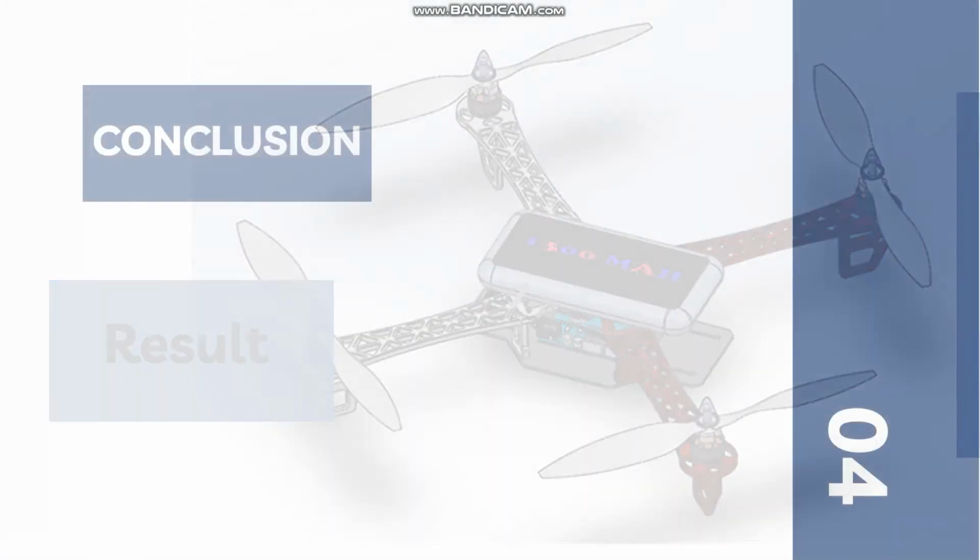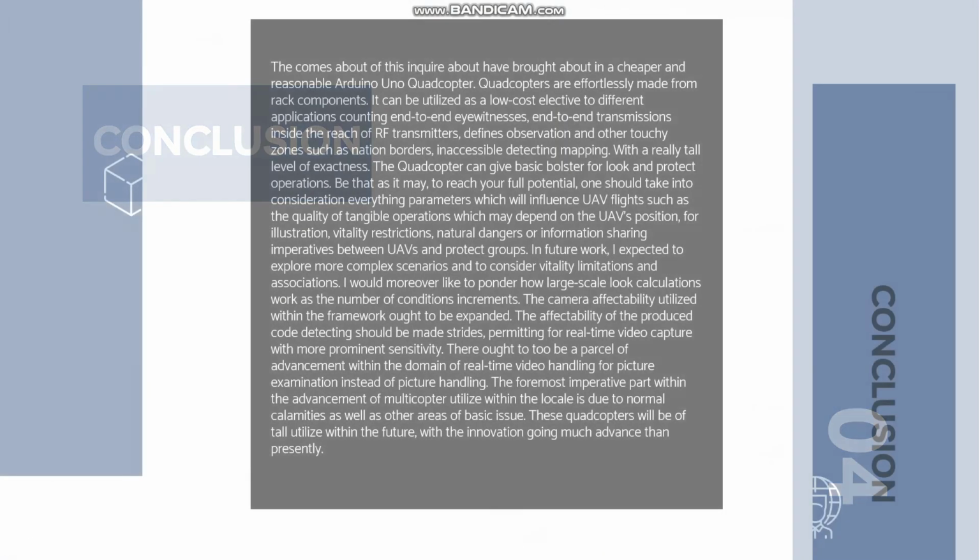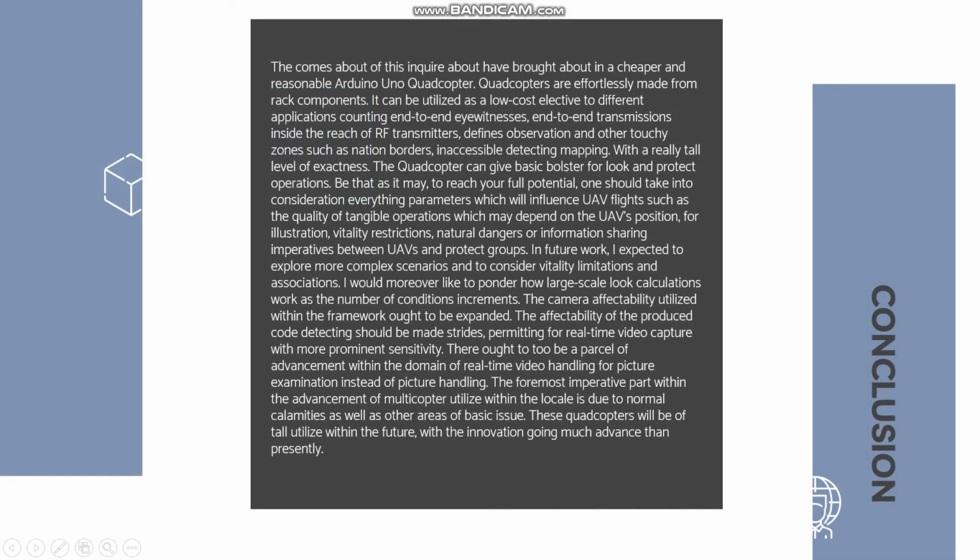As the conclusion, the outcome of the inquiry is a cheaper and reasonable Arduino Uno quadcopter. Quadcopters are effortlessly made from rack components. It can be utilized as a low-cost alternative to different applications, including end-to-end transmission inside the RF transmitter.